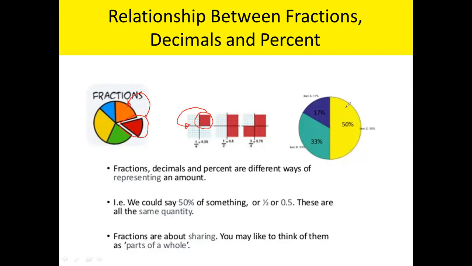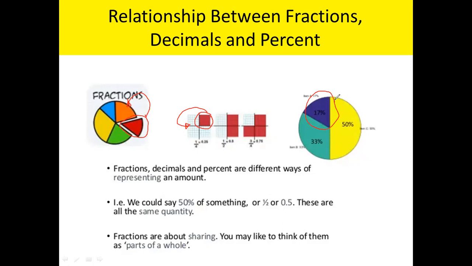Now, if you look at this circle, percentage, we can say also that percent, from the term itself, cent means 100, just like kilo means 1,000. So percent means per 100.